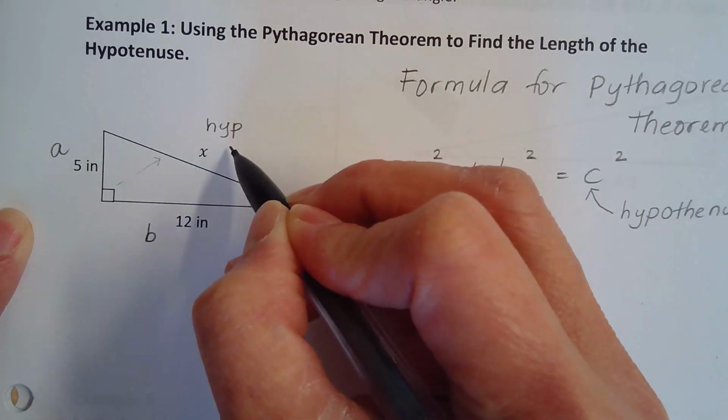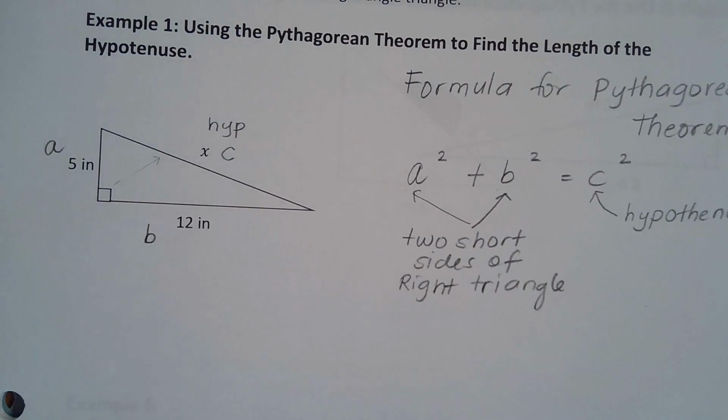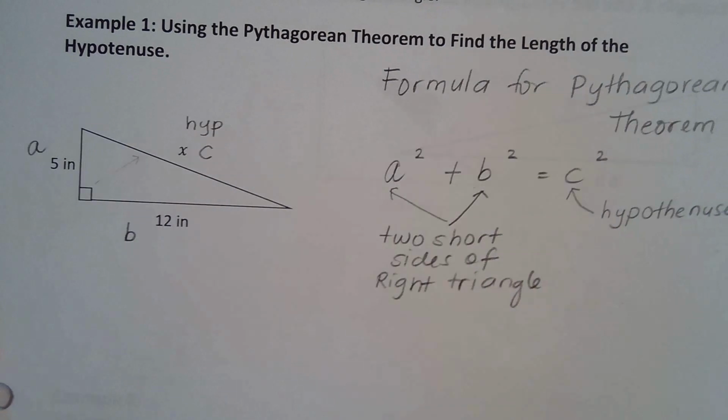So we're going to call that hypotenuse our C. Hypotenuse is always the C.